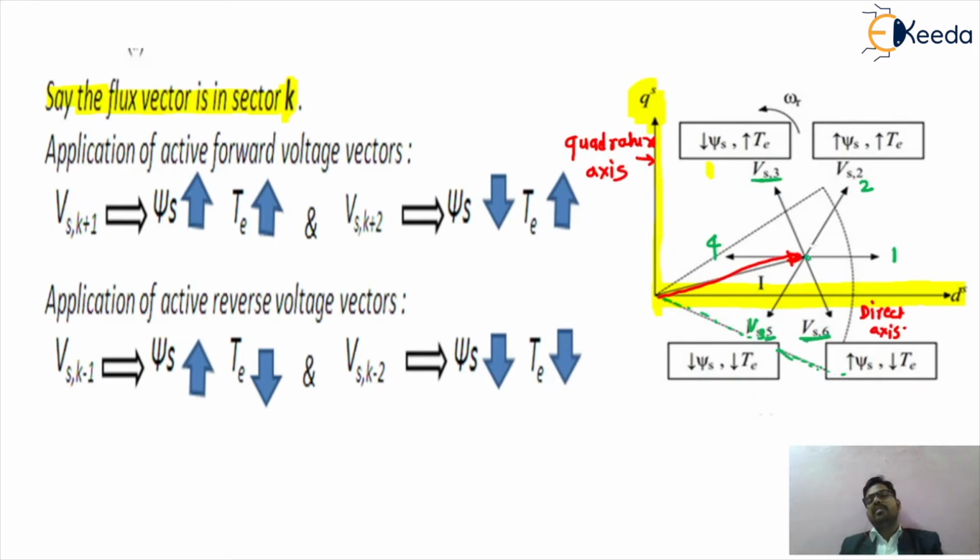And basically this will be the zero, or V0 and V7. So these are the 6 non-zero positions. Now we can understand what should be the application of the active forward voltage vectors in concern with the different positions. So we can get the value of the active voltage vectors in a forward direction.